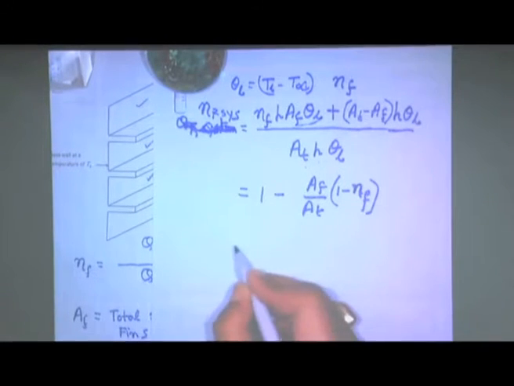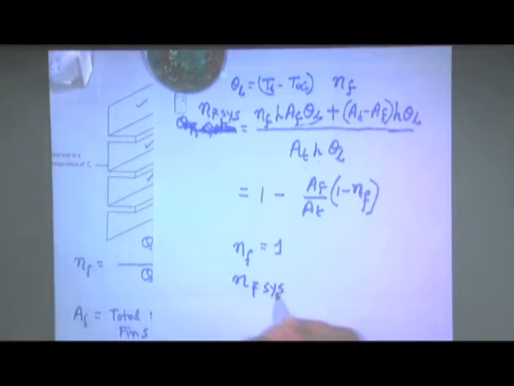So when eta F equals 1, eta fin system also equals 1. That means we can express the efficiency of a fin array system in terms of the efficiency of an individual fin.